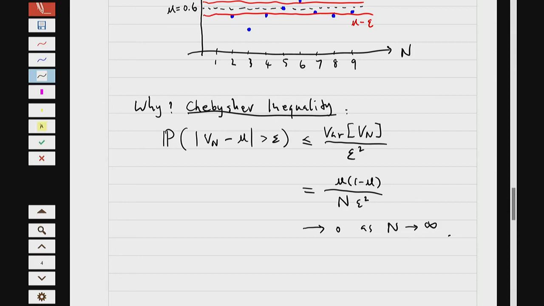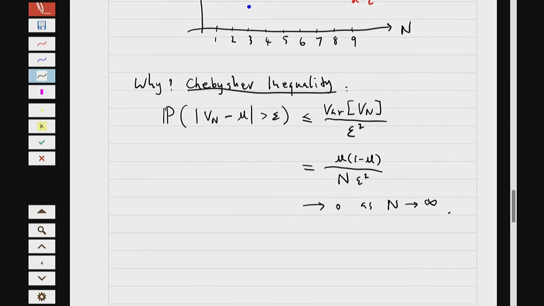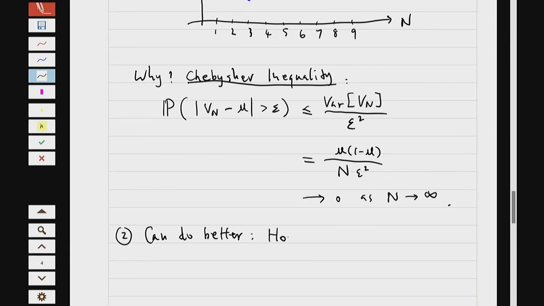But in 1960, someone called Dr. Hoeffding said, I could do better than this. And it turns out that inequality is better for machine learning, as we'll see why. So we can do better than Chebyshev. We have the Hoeffding inequality.